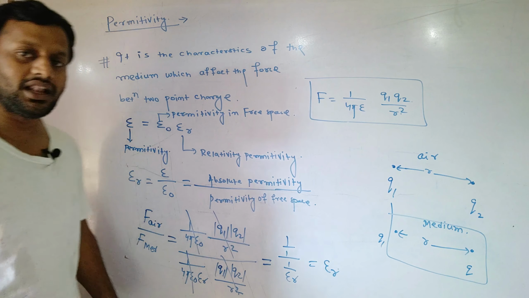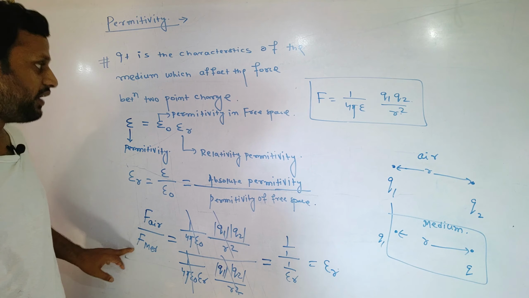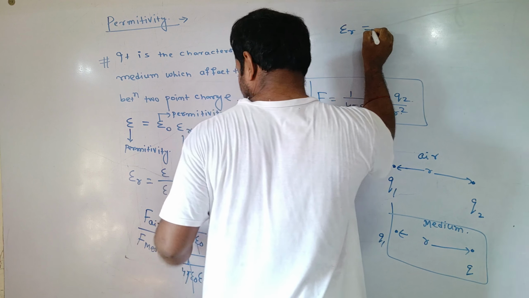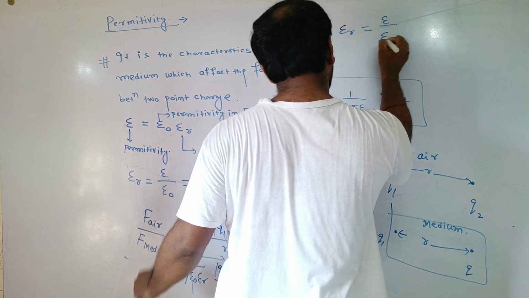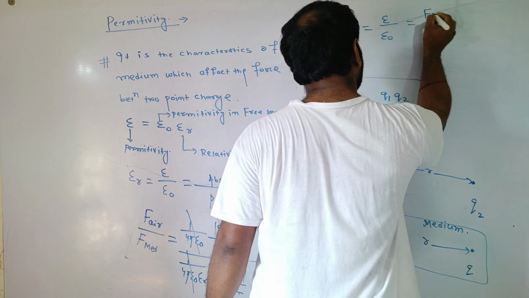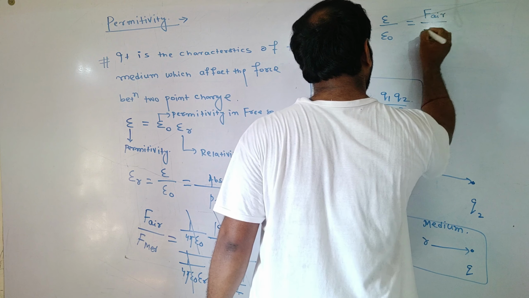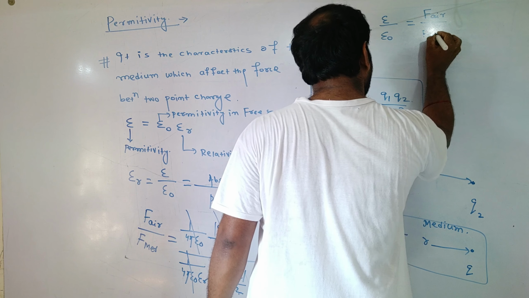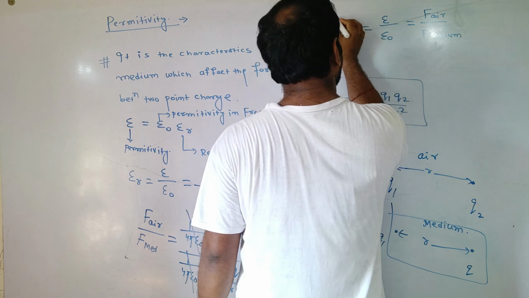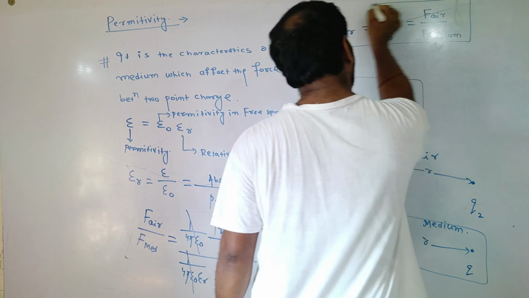So epsilon r is basically the relative permittivity, F air by F medium. Okay, I am just noting it here. Epsilon r is equal to epsilon by epsilon 0, is equal to force between 2 point charges in air divided by force between 2 point charges in a medium. So this is relative permittivity.